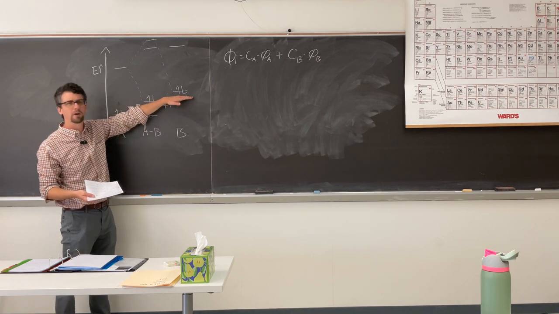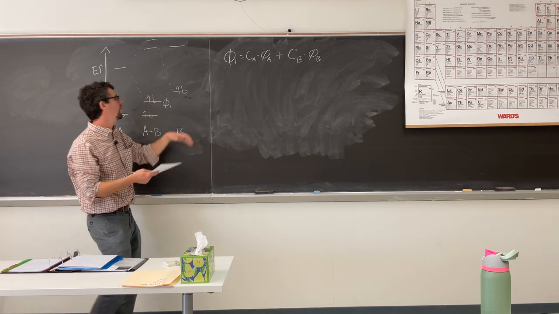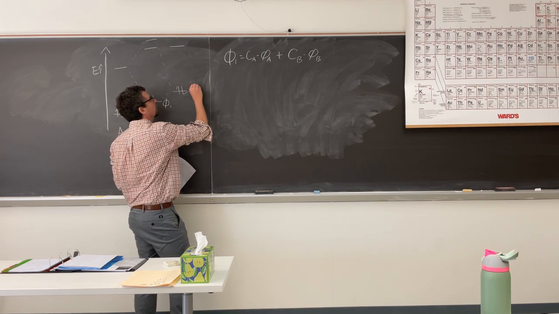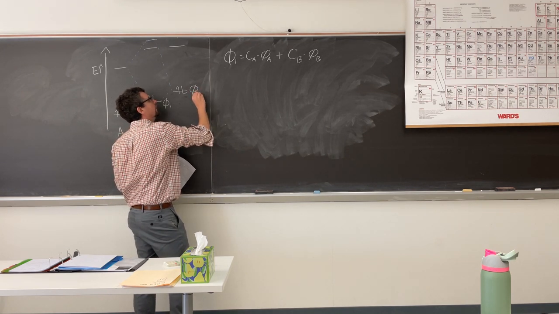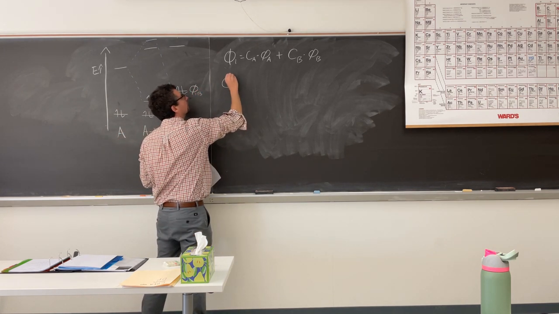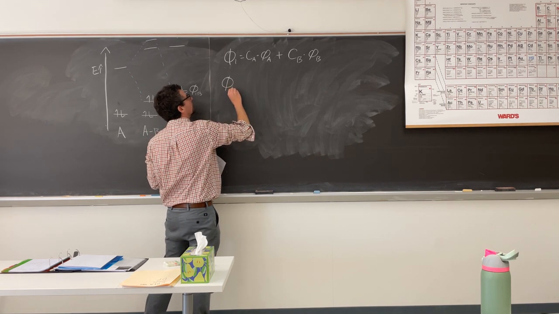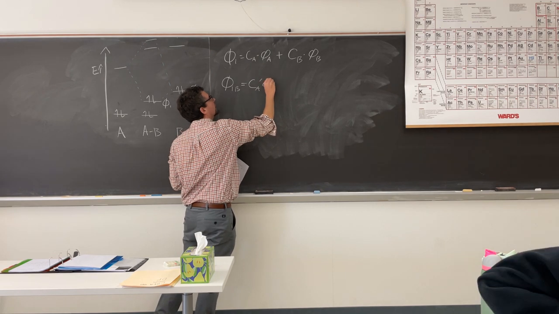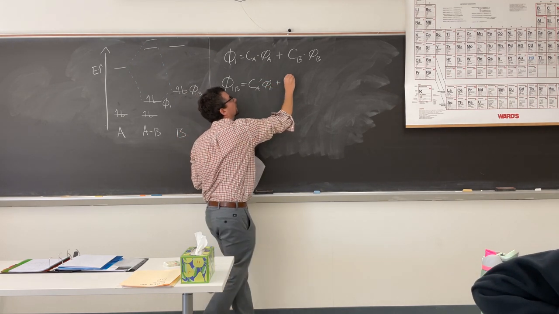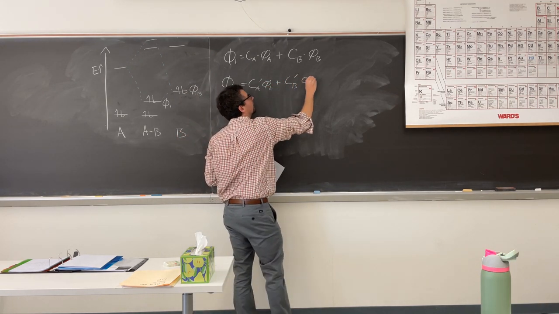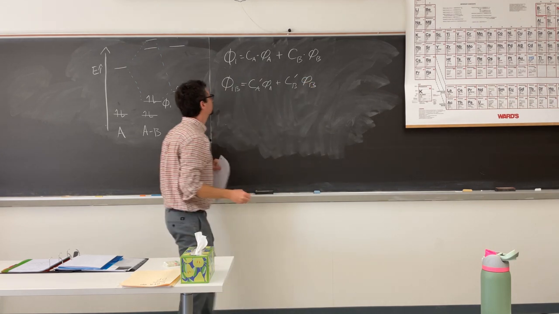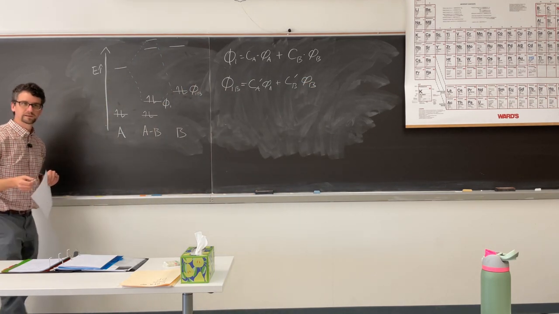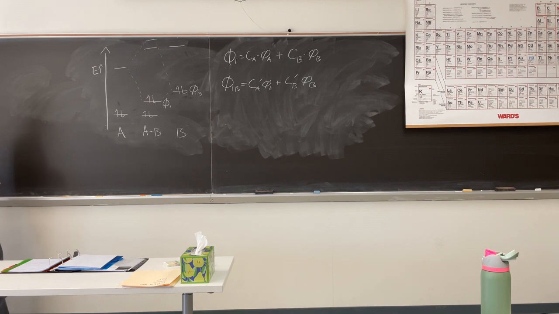Initially, this MO, if we were to draw out, let's do 1B. We'll call this CA prime. It's a little silly that I'm writing it this way.